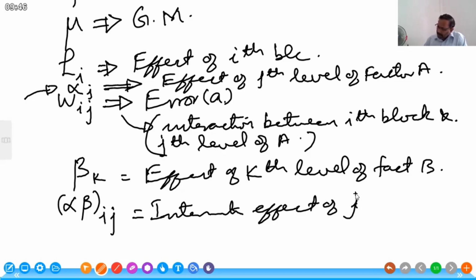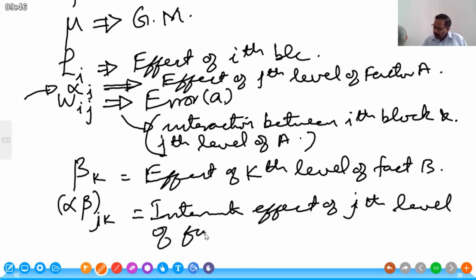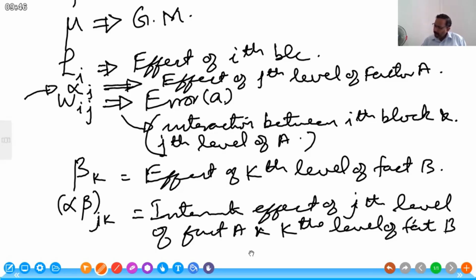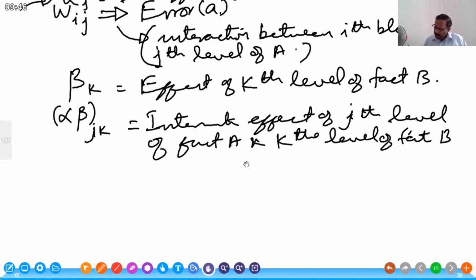It is jk. jth level of factor A and kth level of factor B. Right? What is the last error term? e_ijk. You can explain.